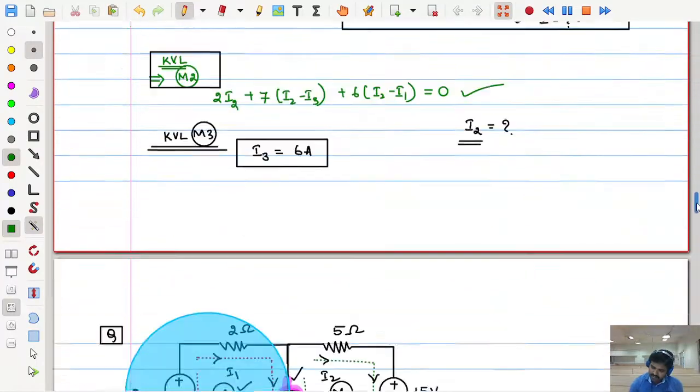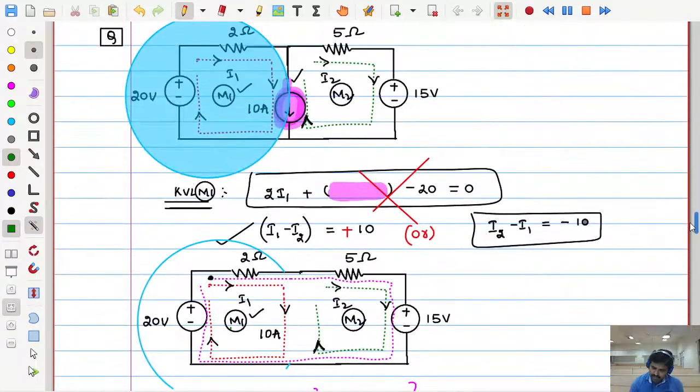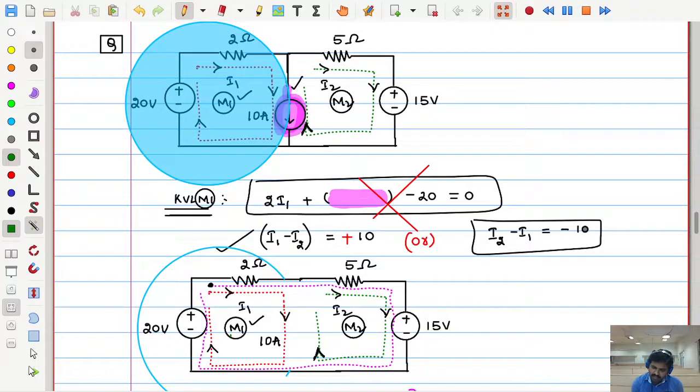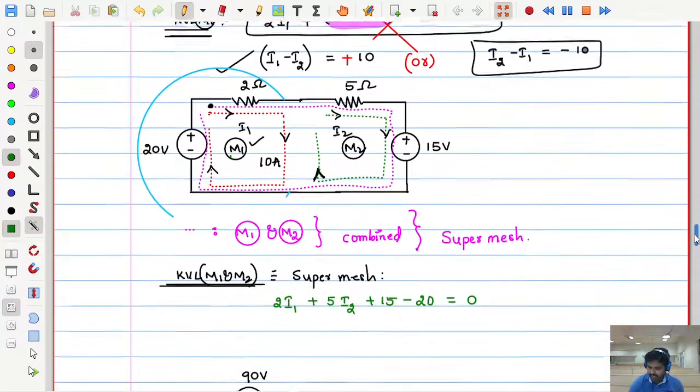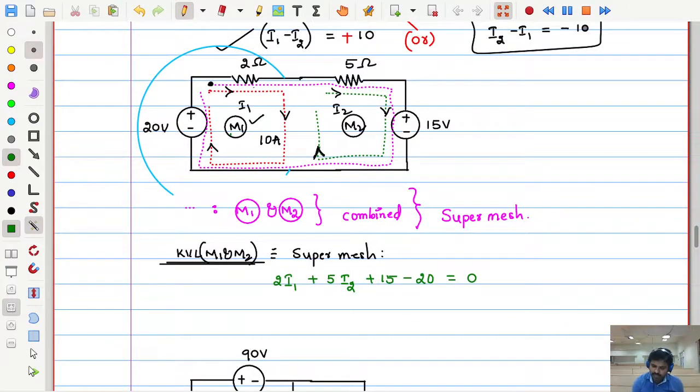Another is where the same current source is between you and your friend's mesh. That is what we call a super mesh. Whenever we have such things, we delete that entire branch. So we write it by forming a big mesh, which is a combination of 2 meshes, and we write the KVL equation for that. Okay, so in this way, you try to work out.